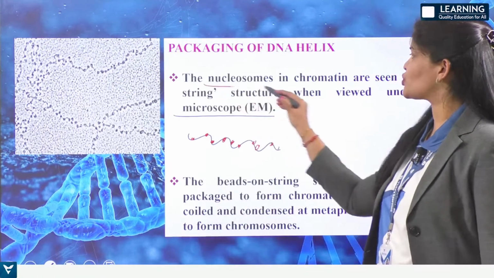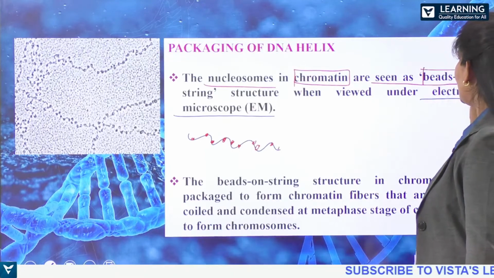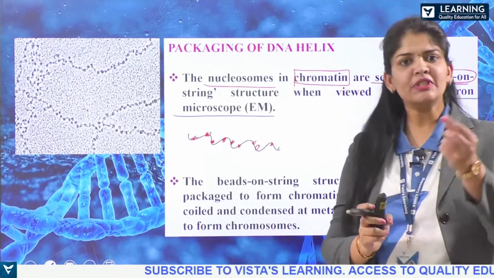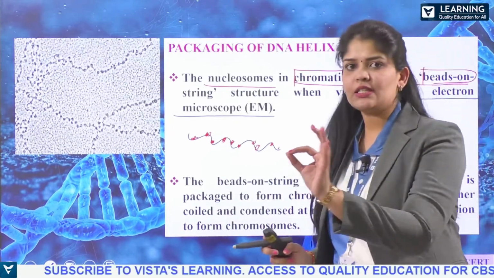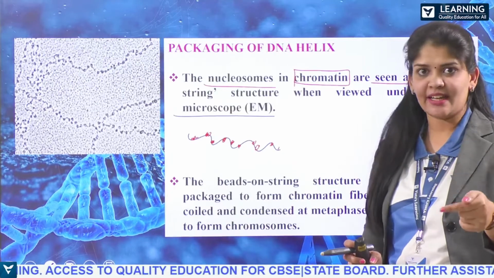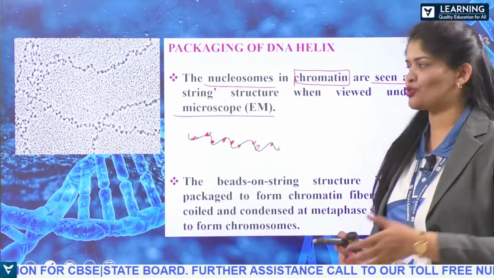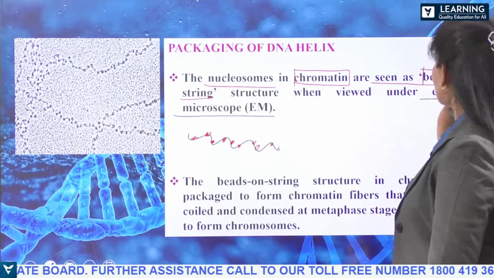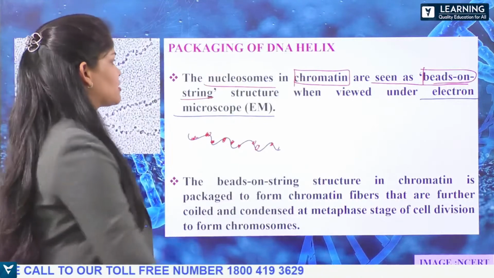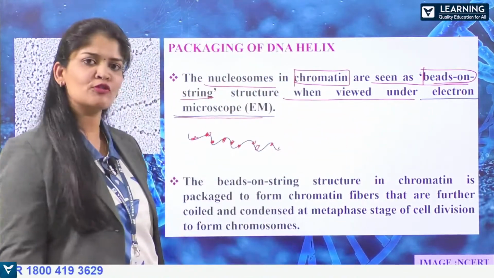The nucleosomes in chromatin are seen like beads, like you can imagine the pearls on a thread, like a string. If it is compared with the DNA helix, the pearls can be compared with the beads, that is nucleosomes. That is what we call a beads on string structure when viewed under electron microscope.